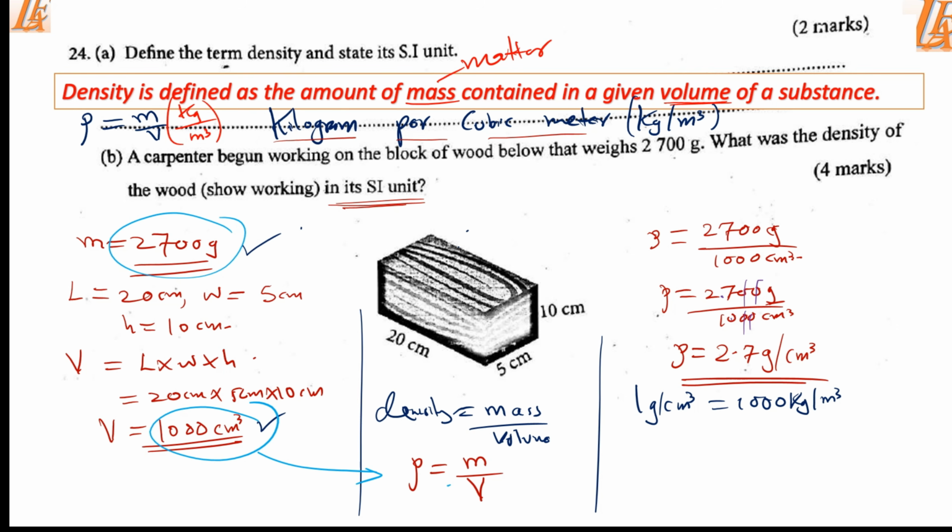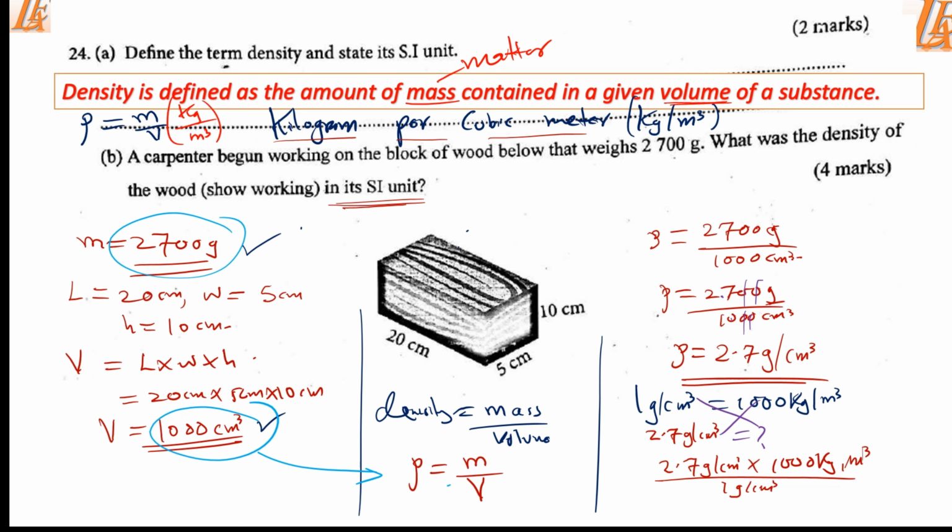Therefore, if we have 2.7 gram per cubic centimeter, we are going to cross multiply: 2.7 gram per cubic centimeter times 1000 kilogram per cubic meter divided by 1 gram per cubic centimeter.